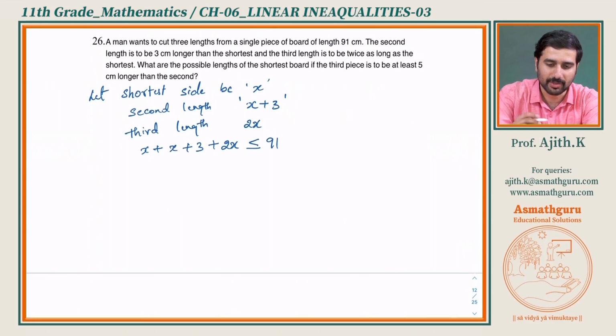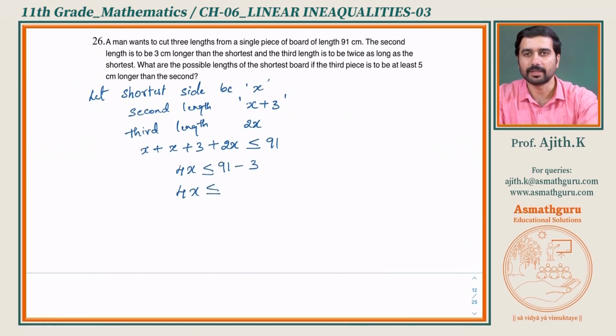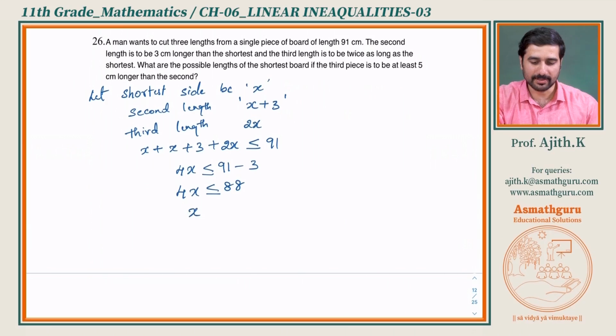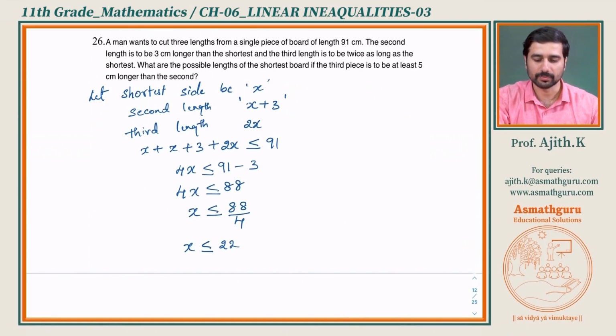Okay, solve this inequality. So we'll get x plus 2x, that is 4x, less than or equal to 91 minus 3. So 4x is less than or equal to 88. So x is less than or equal to 88 divided by 4, that is x less than or equal to 22.